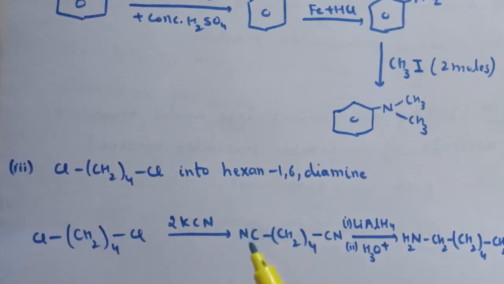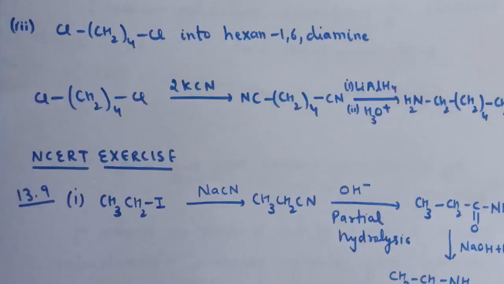Now reduction of cyanide in the presence of lithium aluminum hydride followed by hydrolysis results in the formation of hexane-1,6-diamine. This CN gets reduced to CH2NH2. So this is how we convert ClCH2(CH2)4Cl into hexane-1,6-diamine.